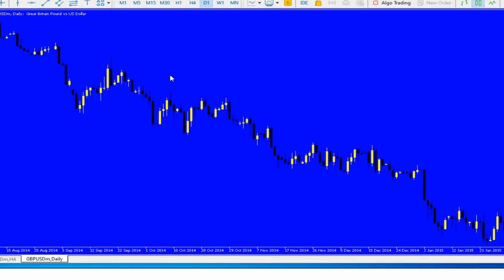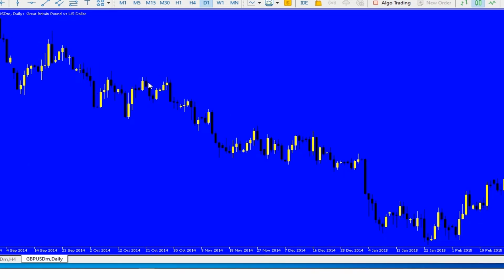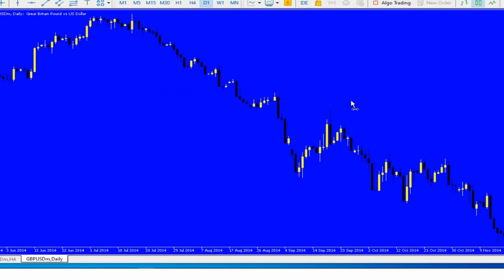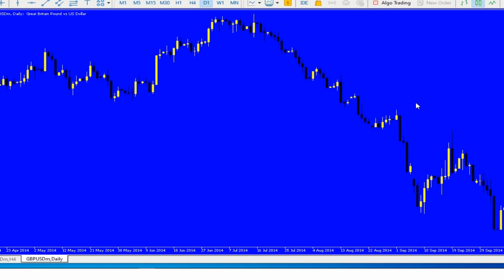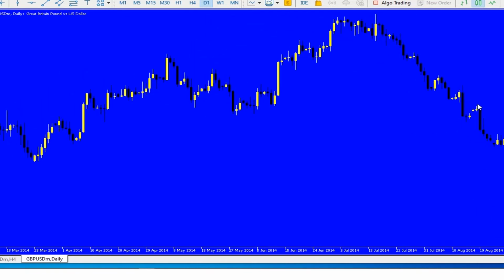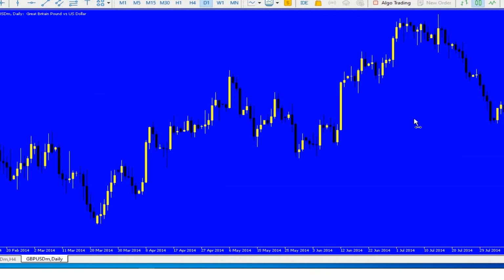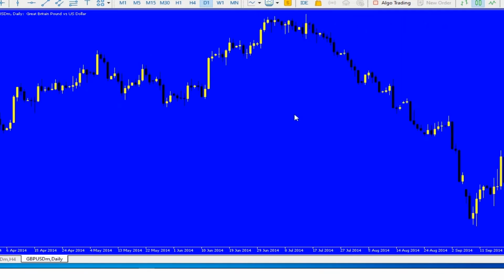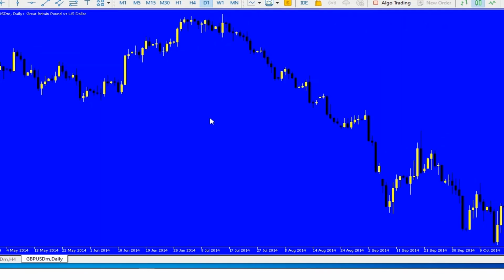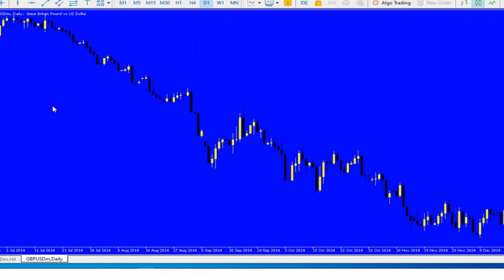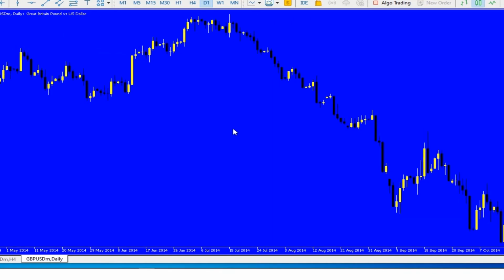And don't forget, as institutions trade, they always leave their footprints in the market in the form of liquidity, because they can't fill their orders at once. This liquidity means money, or buy and sell orders, located at key levels of interest. Inside this liquidity is where we have our entries.